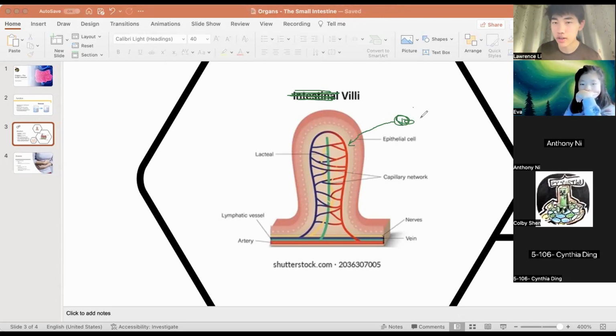If there are a lot of nutrients out here and only one or two nutrients in here, a lot of these nutrients want to move into the villi. Once they move into the villi, they're taken up by capillaries that run into veins and up to the heart, where they are then pumped to the rest of the body. So all of this blood that is kind of nutrient poor, to be honest, is renutrienated.